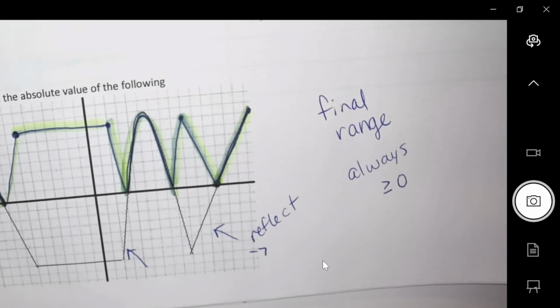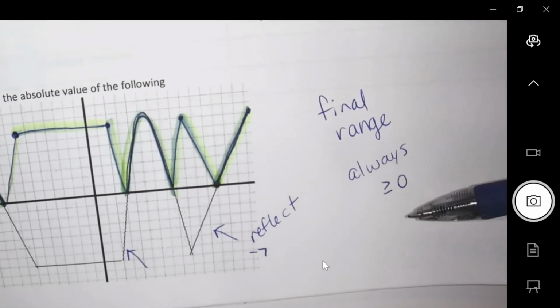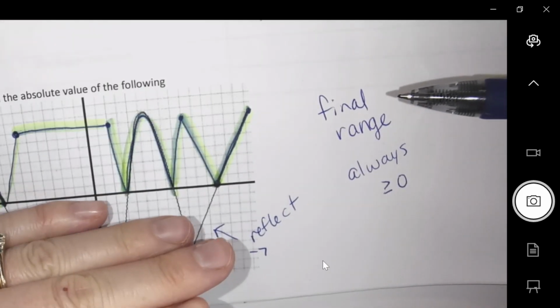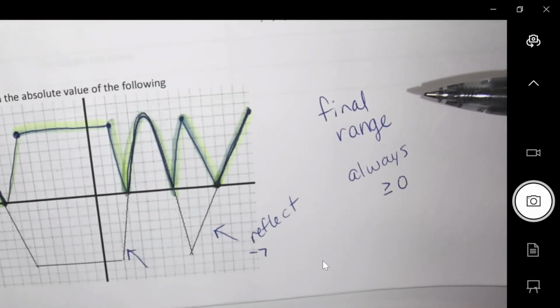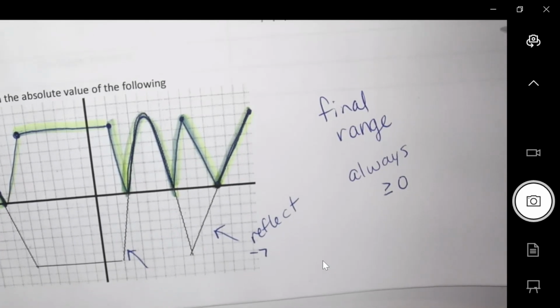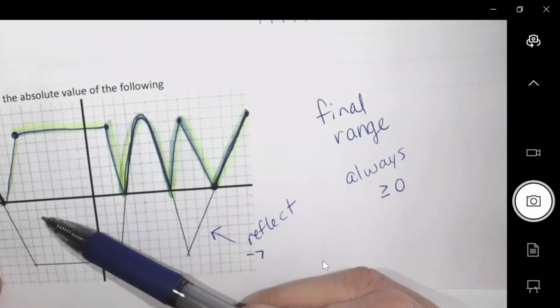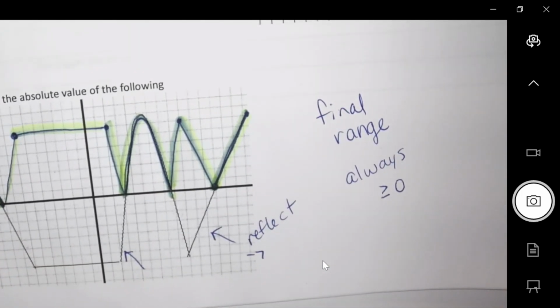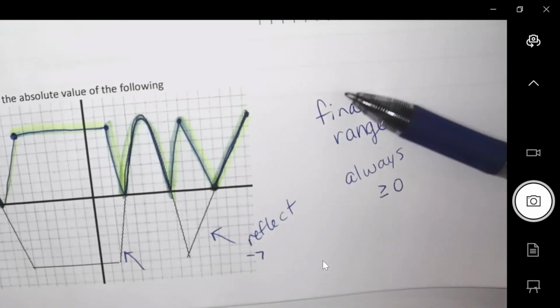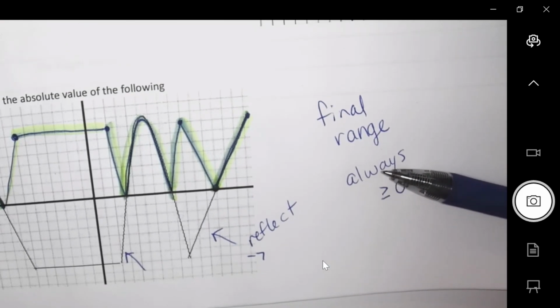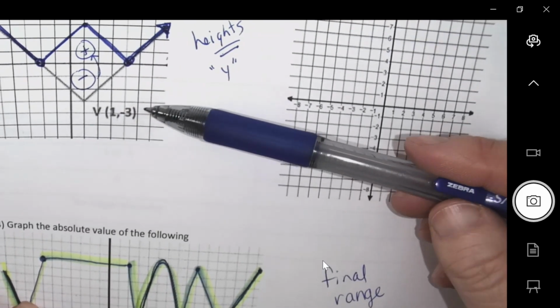So just a note, when you're done your graphs, your range should be above the 0 or at the 0, okay? You should never have anything graphed below. Okay, obviously this one would be exactly 0 to 7, and this one would have been 0 to infinity.